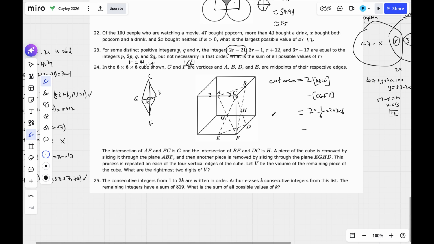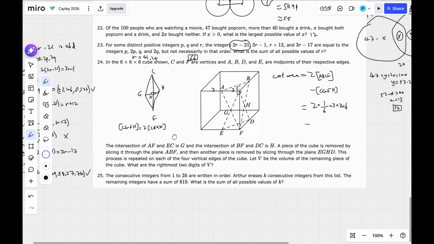And then here we subtract the volume of CGFH. So let's redraw it a bit bigger here. This is CGHF. One thing to note, we can slice this across. So let's separate this into two shapes.